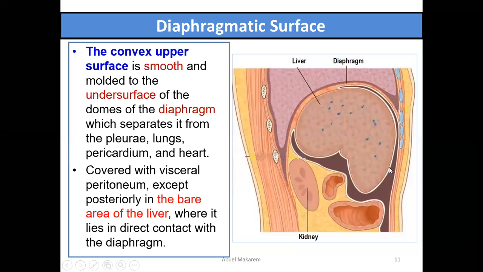And that part of the peritoneum which is on the organ will be called the visceral peritoneum. So visceral peritoneum will be covering the liver, all areas except the bare area. The bare area is behind, where it cannot cover, so it will be devoid of peritoneum. So it is called the bare area of the liver, where it lies in direct contact with the diaphragm. Here it is in direct contact with the diaphragm.